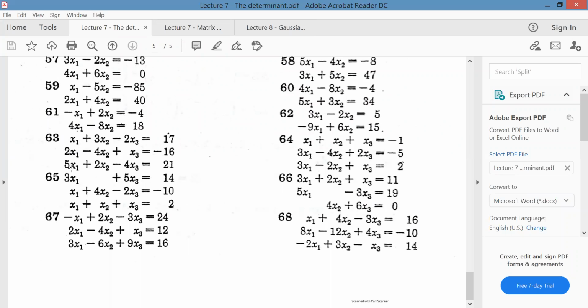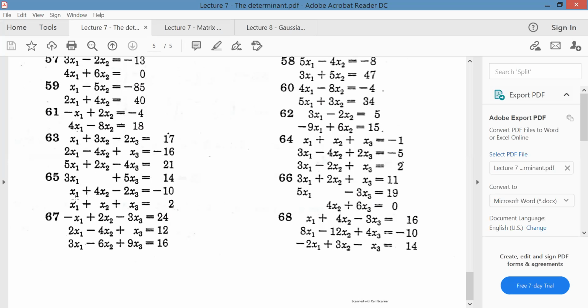This question number 65. Gentlemen, you write down. I am dictating to you. Look here. First equation is 3x1. And if a term is missing, then you can write it plus 0x2. x2 is missing here. You may write it as plus 0x2 ताकि आपको पता चले वहां हमने x2 का कोफिशिएंट क्या लेना है, that is 0. Plus 5x3 equals 14. Noted?